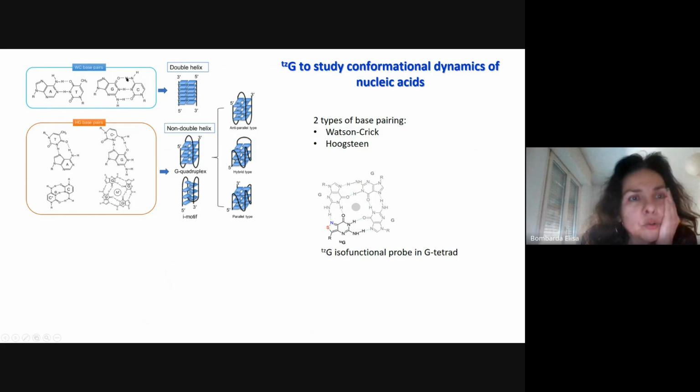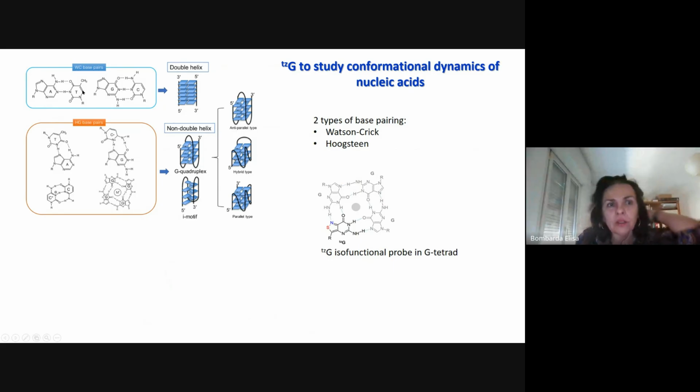And these hydrogen bonds, which are 2 in the case of the adenine and thymine pair, and 3 in the case of the guanine and cytosine pair, are called Watson-Crick base pairing, practically the interactions in Watson-Crick base pairing.